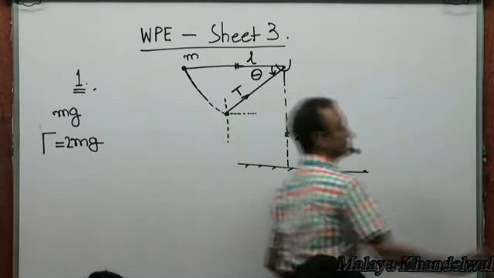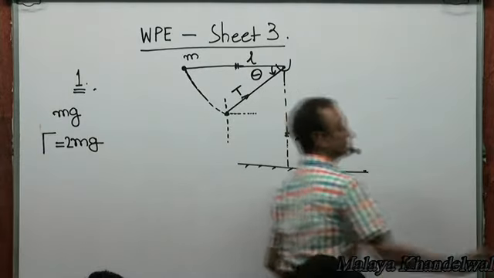Now, by the time the bob would have swung to this position, it would have acquired a velocity, right? The velocity acquired by the bob would be perpendicular to the radius of the circular path. This is the radius at this point.